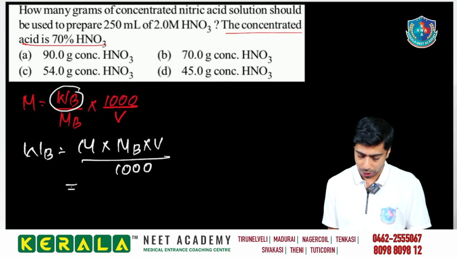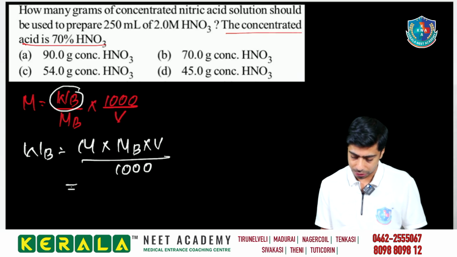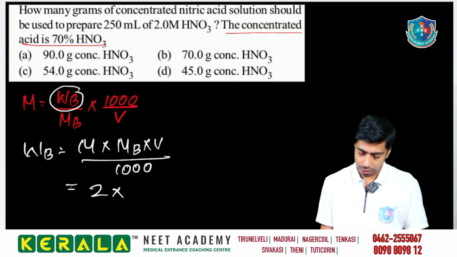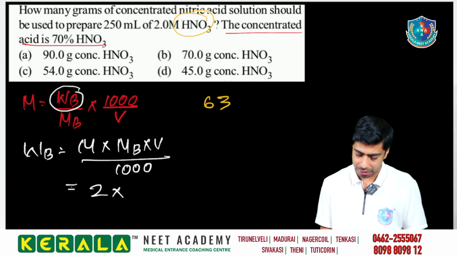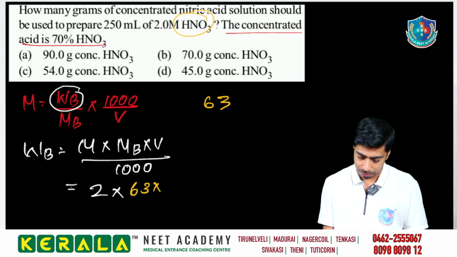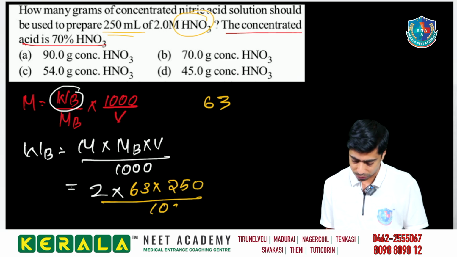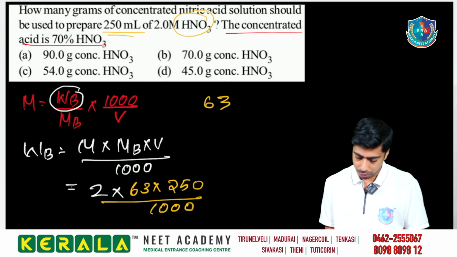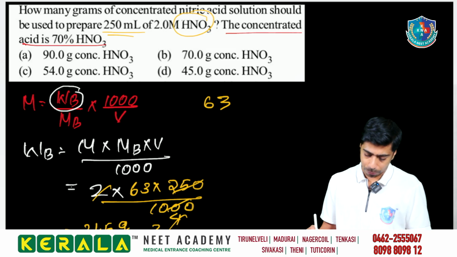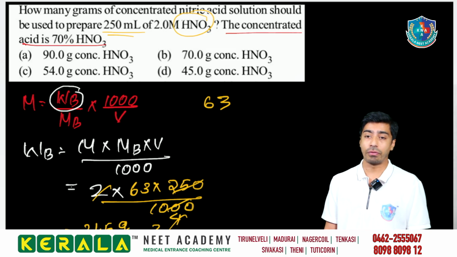The molarity is given as 2 molar, for nitric acid, HNO3, and the molecular mass of nitric acid is 63. So 2 into 63 into the volume, 250 ml, so 250 divided by 1000. That gives 31.5 gram, the weight of nitric acid.